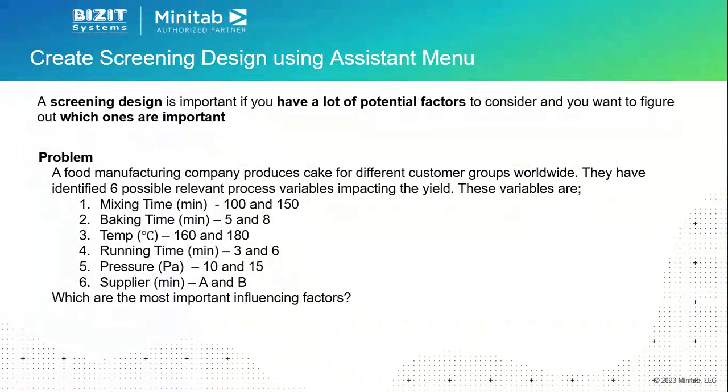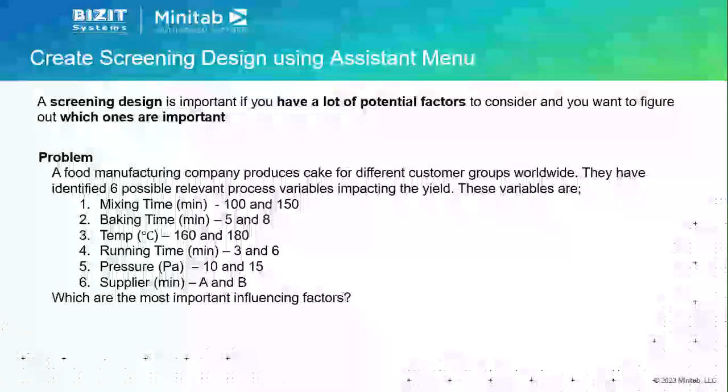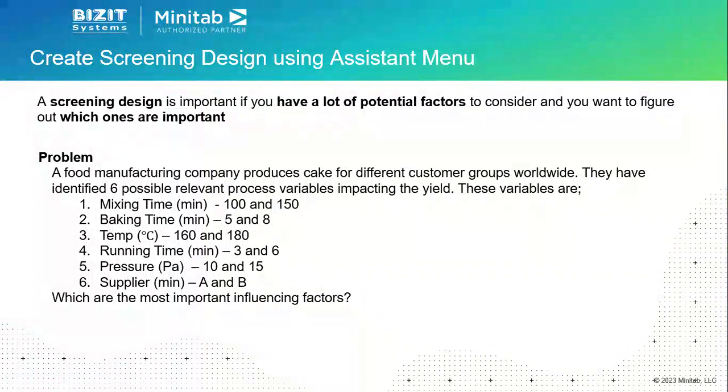They have 6 possible relevant variables impacting the yield, so the yield is your response, your Y. The factors or parameters are mixing time, baking time, temperature, running time, pressure, and the supplier. From these 6 variables, they want to find the most important influence on the yield.